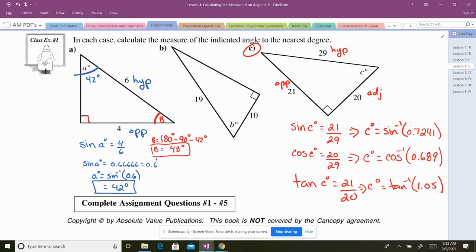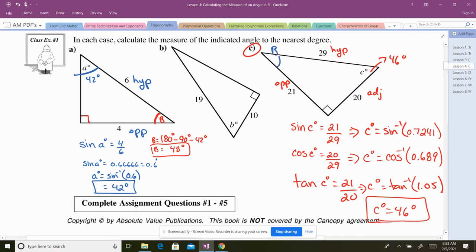What do they all equal? If you have all three sides, you can do any trig function you want. They will all give you the same answer, as long as you do it properly. So if I know C is 46, what is the other angle?